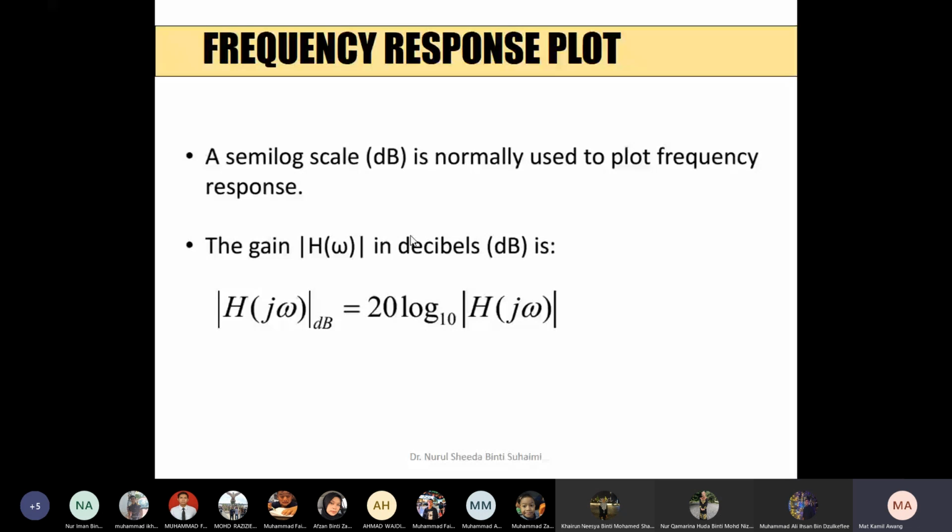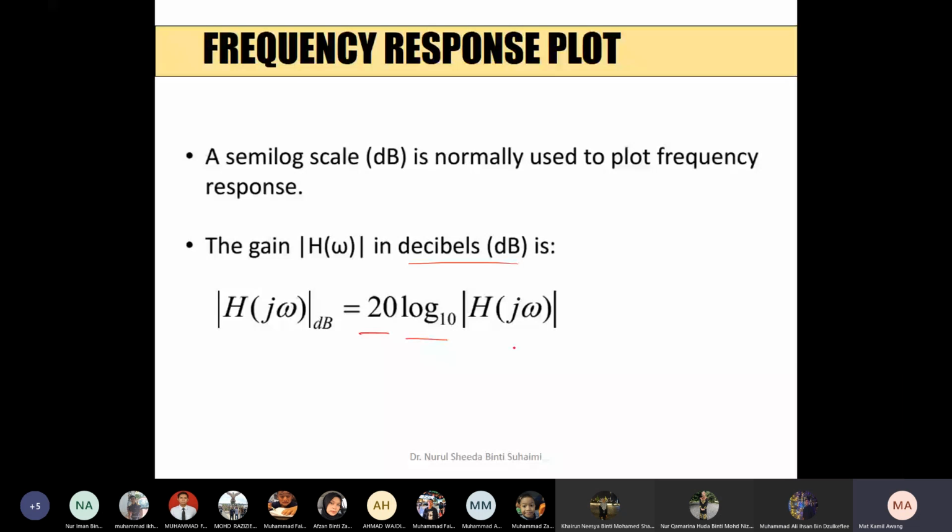So you draw this frequency response on a semi-log scale. It's normally used to plot frequency response. The gain, basically, is in decibel. So that's why just now I asked you to calculate 20 log 10 of square root 1/2, right? Basically I just want to show this.